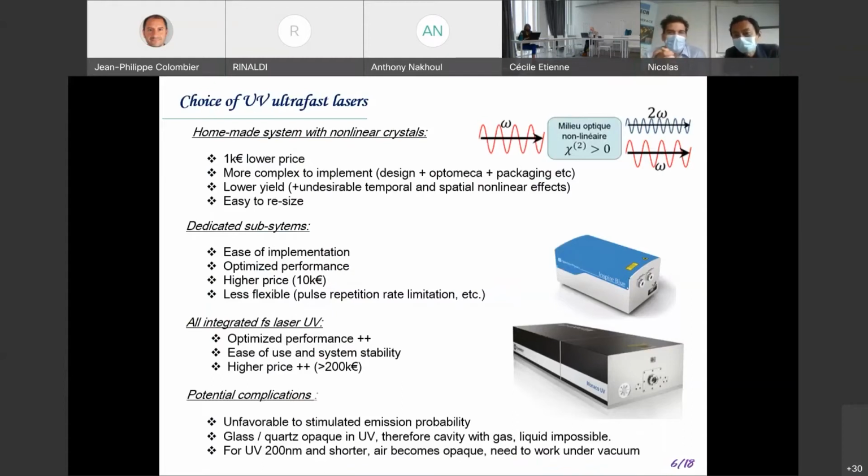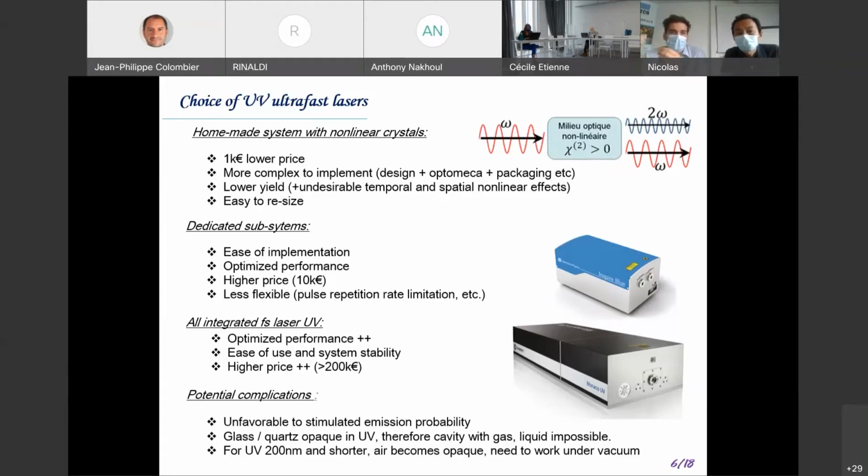We have different ways to get a UV femtosecond laser pulse. The lowest price system is the homemade system with nonlinear crystals. We experimented with this kind of crystal, which allows changing the wavelength, and by putting them in cascade, we can reach the UV range.